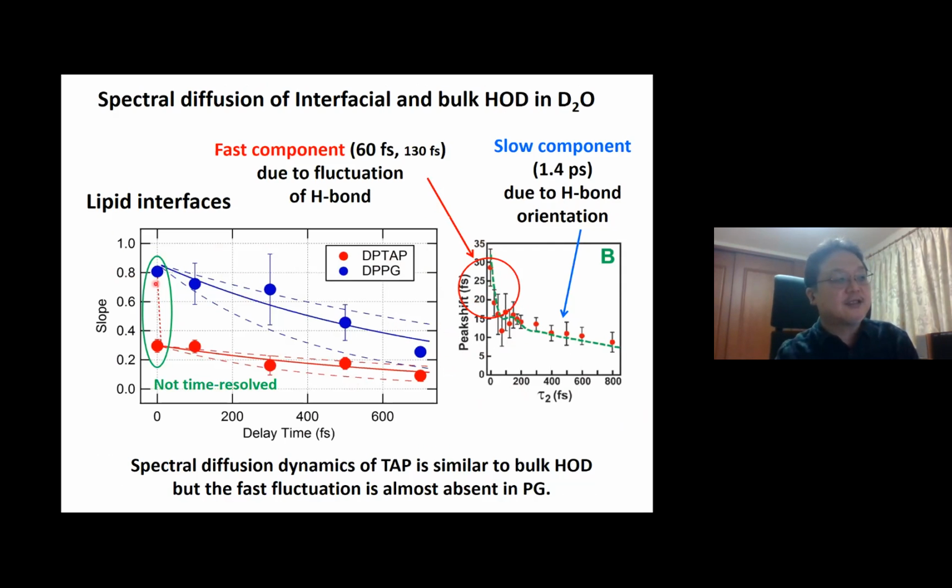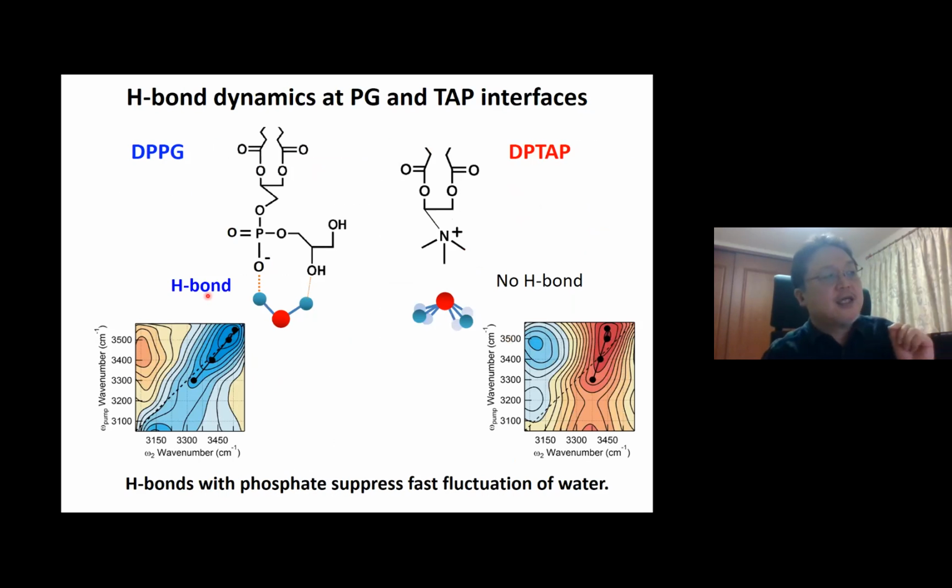So it means that this difference is the difference in amplitude of the fast component at the two interfaces. In the case of DPPG, we have phosphate here, and the H-up interfacial water has a strong hydrogen bond, which suppresses the very fast hydrogen bond fluctuation, resulting in the almost perfectly diagonally elongated bleach lobe.